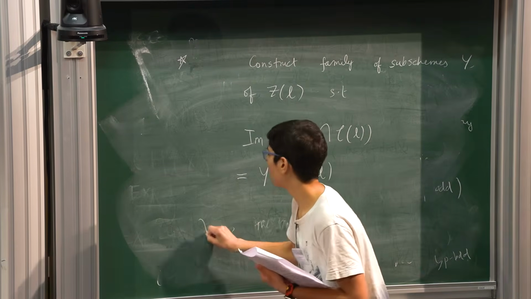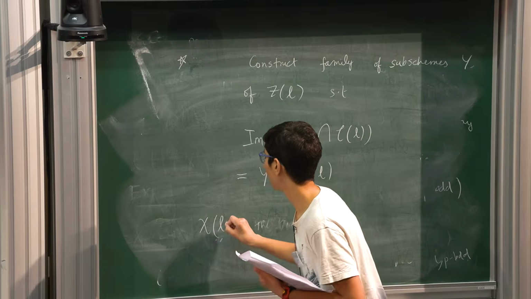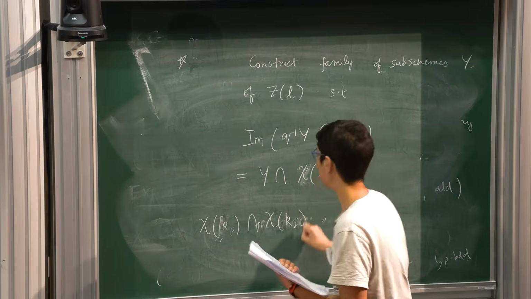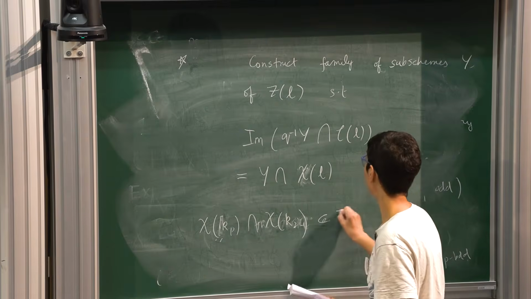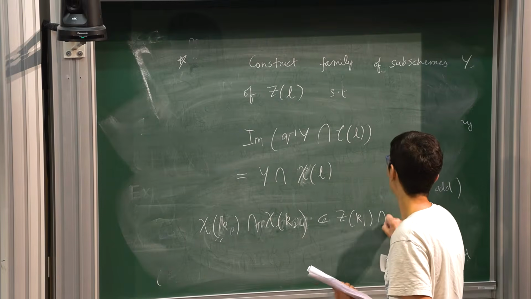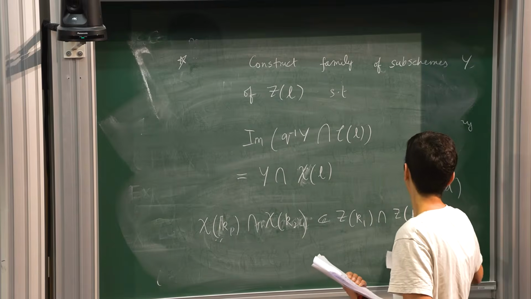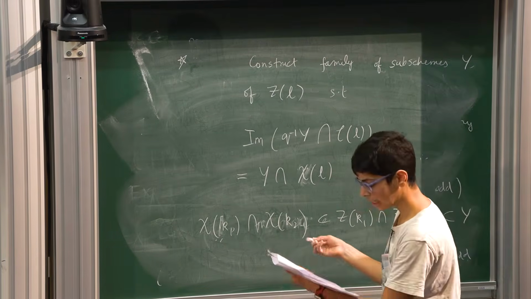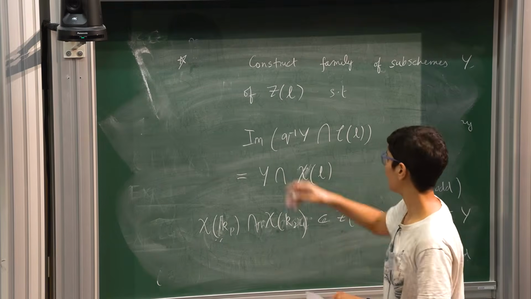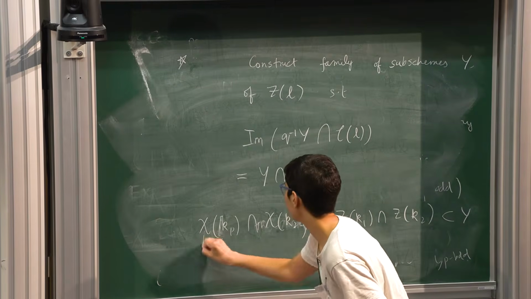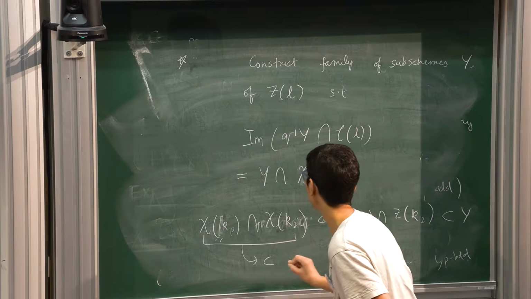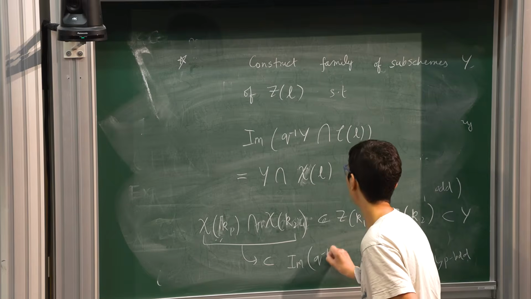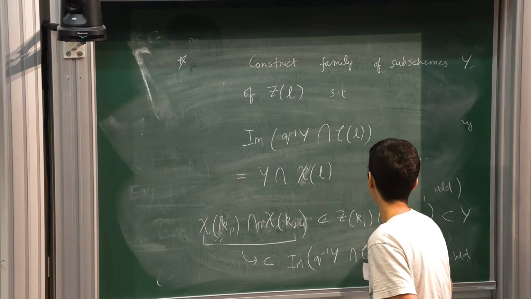And then the point is that when you intersect K1 with K2, you show that it actually lives inside ZK1 and ZK2, which lives inside some suitable Y of this form, which means that it is contained in the image of Q inverse Y intersection CL.